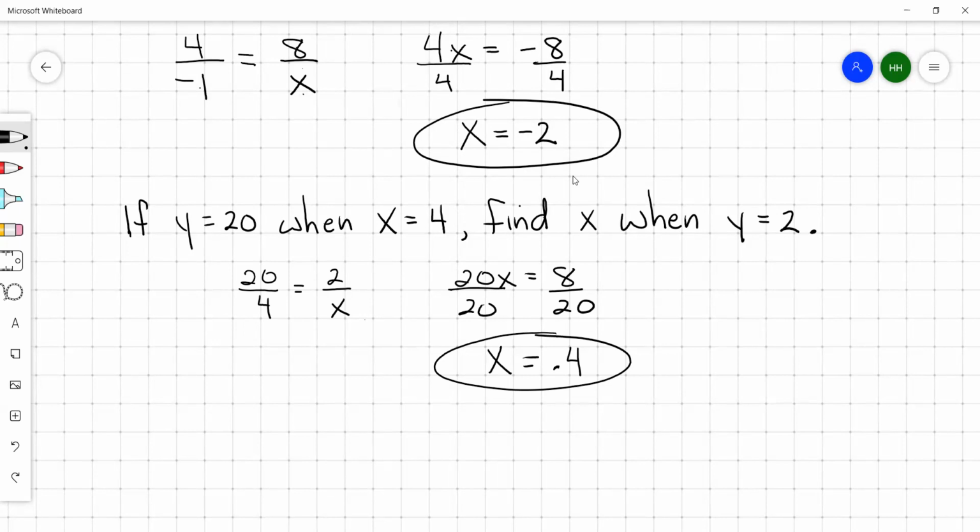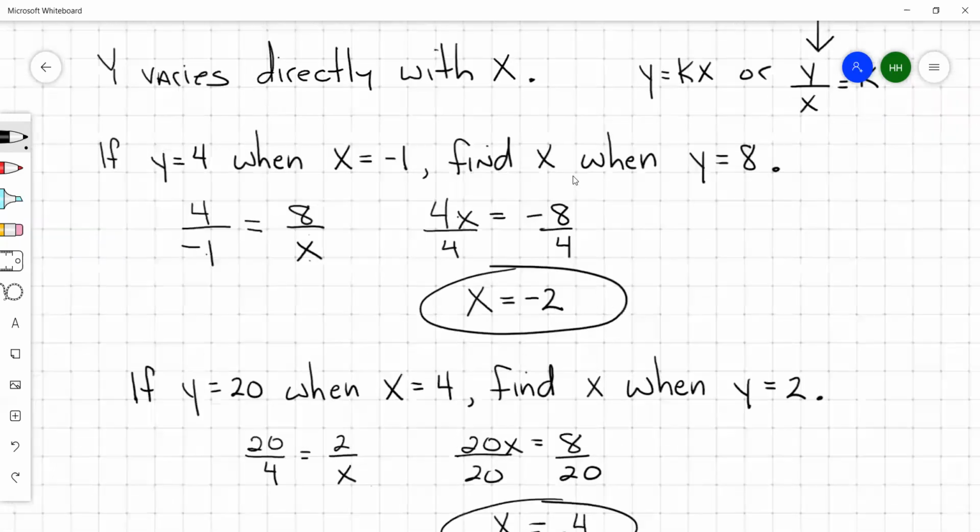Anybody have any questions on those different types of examples? The three types of problems you're going to have in your assignment today. Say that one more time. Does this? Well, in this case, it does indirectly.